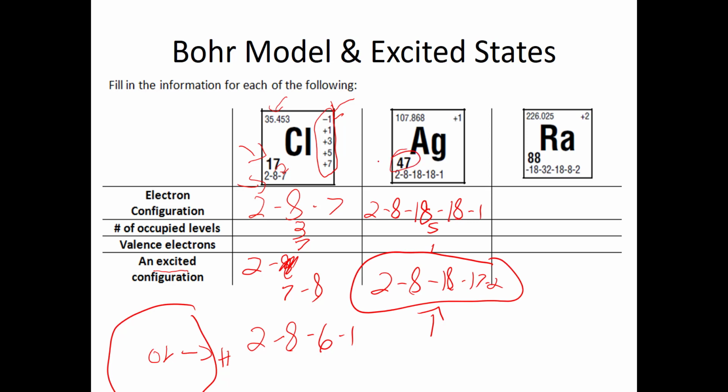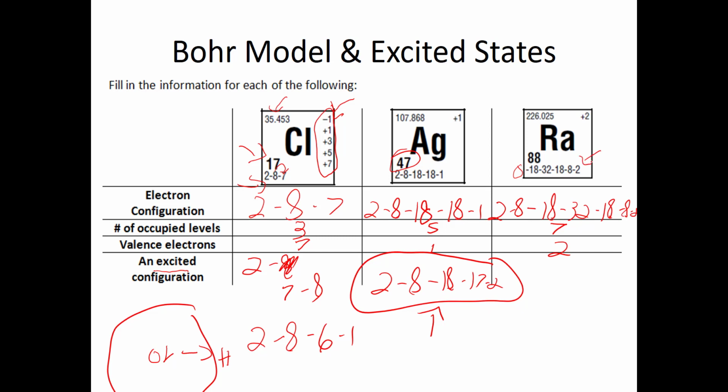Last one, Ra. Ra has a dash in front of it. What does that dash mean? If you look at the bottom of your periodic table, that means there's a 2-8 preceding. So 2-8-18-32-18-8-2. 7 occupied levels, 2 valence electrons at the end.